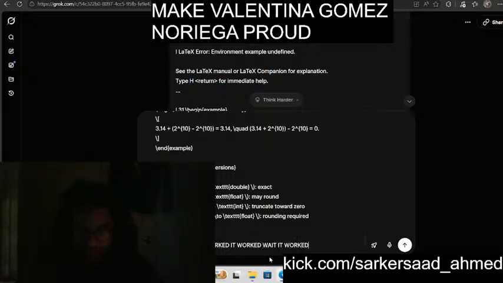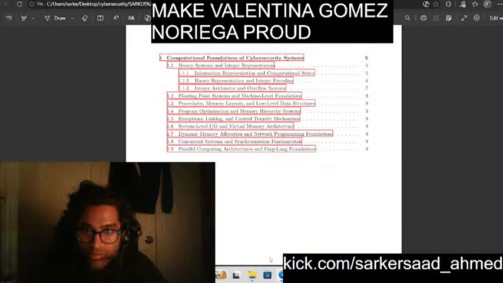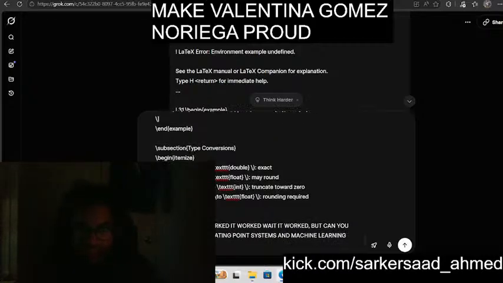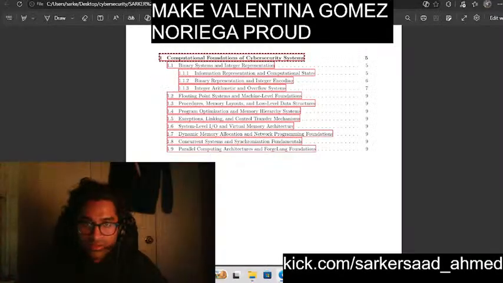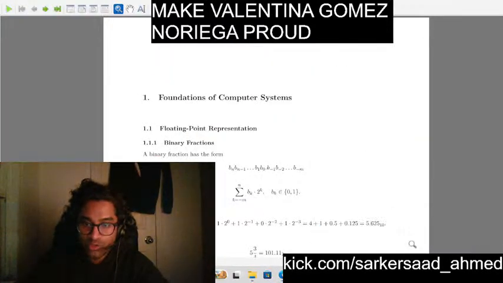Wait, it worked. But can you change it to 1.2? 1.2 floating point systems and machine learning foundations. And then start with 1.2.1.